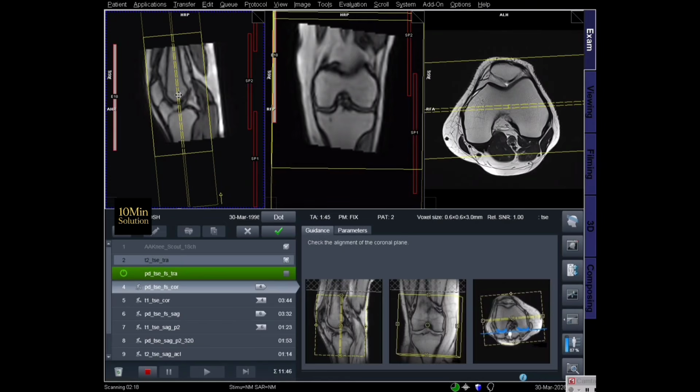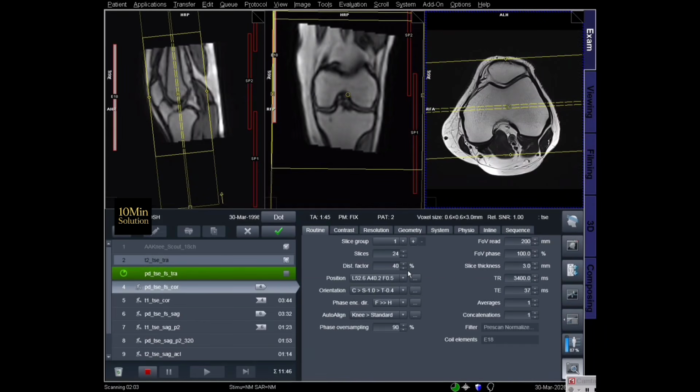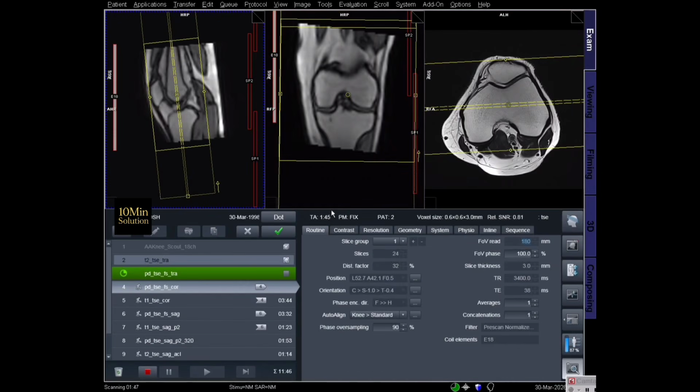And now I set up the parameters, showing here the parameters. And finally, apply.